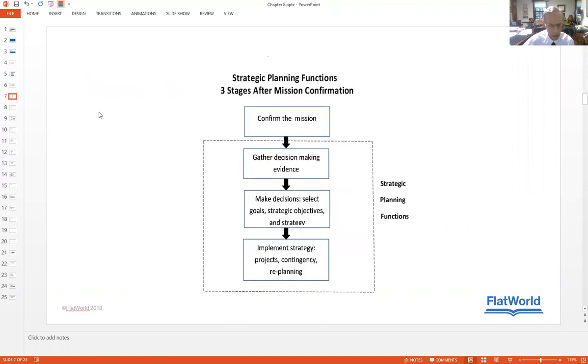And so here's the diagram that you remember seeing when we discussed Chapter 10. Three steps of the strategic planning process. And we're talking here in Chapter 8 about some methods to carry on the work in that first step, where we gather evidence with which to make decisions about selecting goals, strategic objectives, and strategy itself.